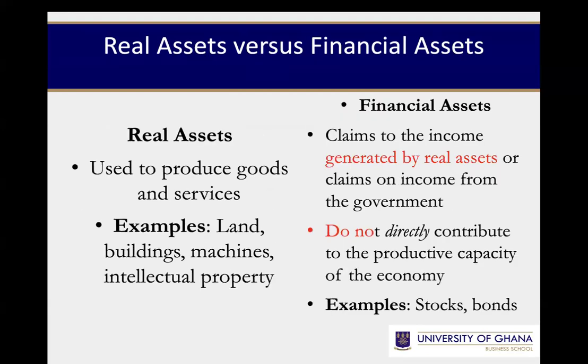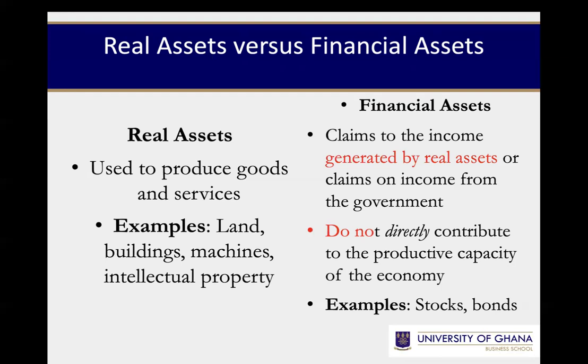In terms of the financial assets, these are the claims to the income generated by real assets or claims on income from the government. So strictly speaking, there will be no sets of financial assets without the productive capacity of an existing economy. In essence, if we do not have land, buildings, machines, intellectual property, which we use to produce goods and services that ultimately generate value or income, then there'll be no place for financial assets, which are the claims to the income generated by these real assets or claims on income from government.